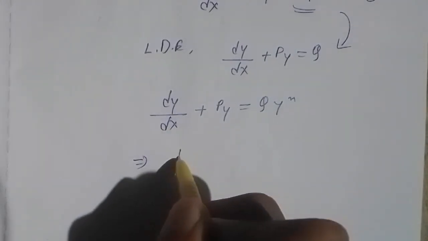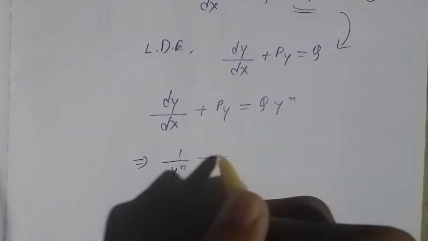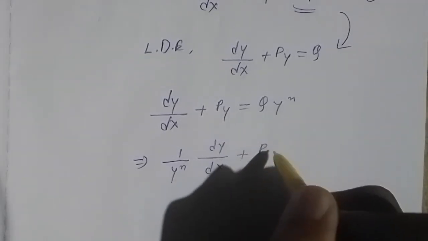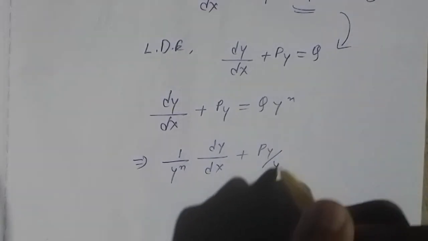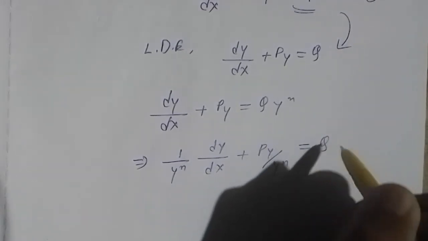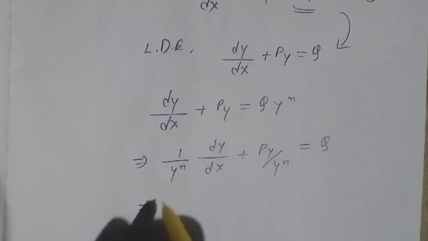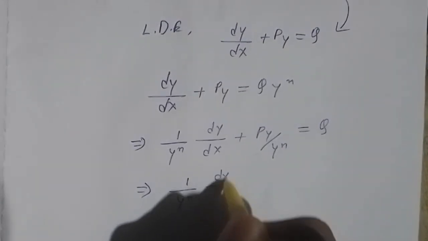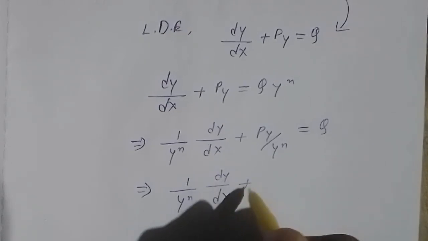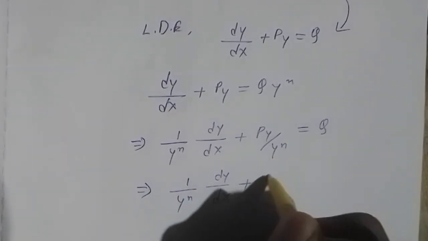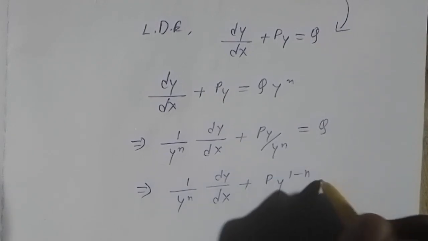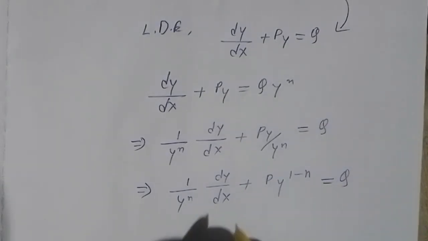Then we get 1 by y to the power n dy by dx plus py by y to the power n is equal to q. And that implies 1 by y to the power n dy by dx plus, this can be written as p y to the power 1 minus n, that is equal to q.